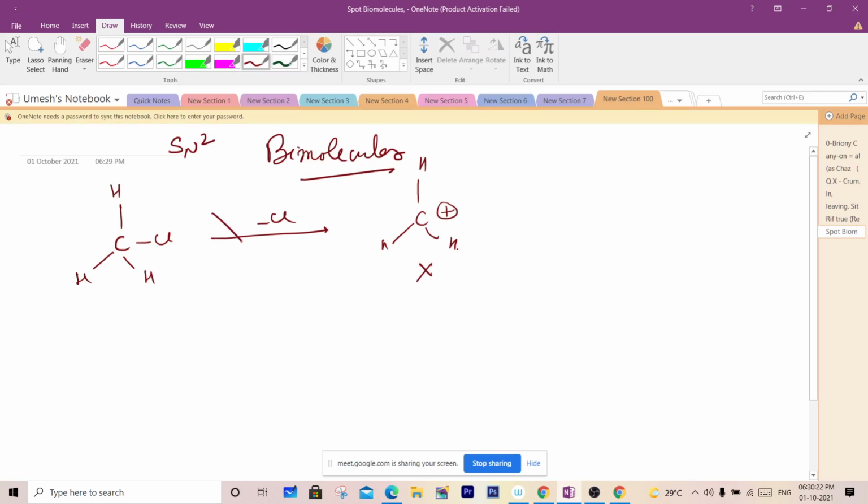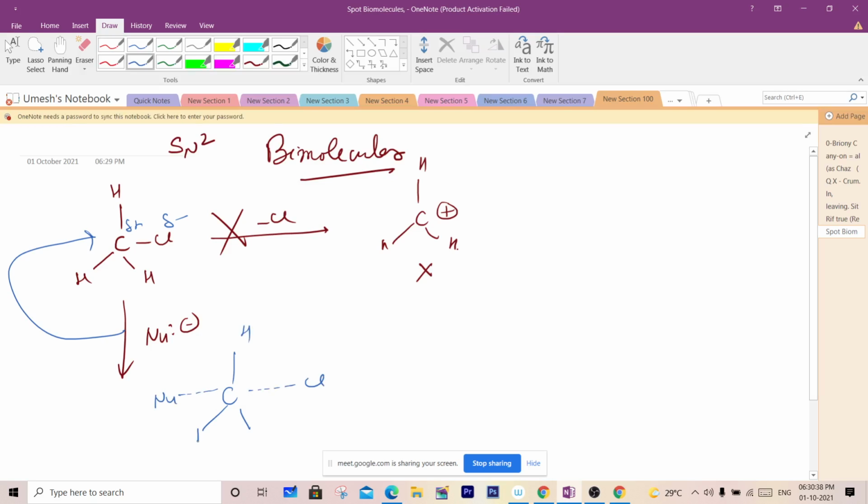So this will not take place at all. So the nucleophile will attack the carbon at the positive center from the opposite side, the back side.